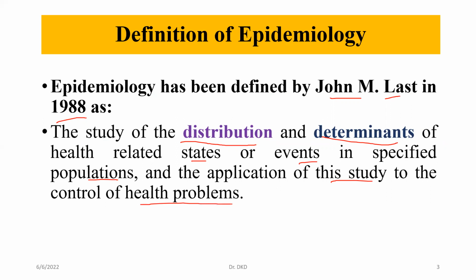So this is the basic definition of epidemiology, where two points are very important: distribution and determinants.